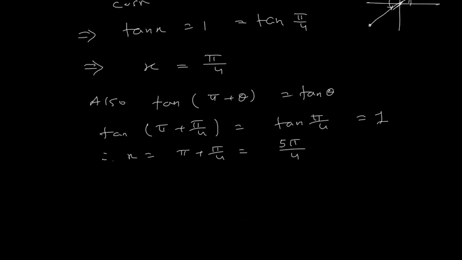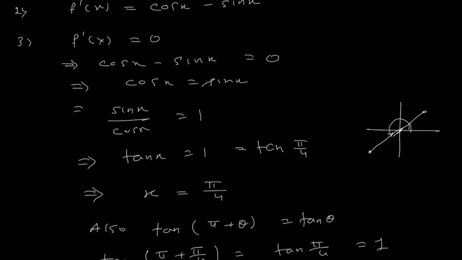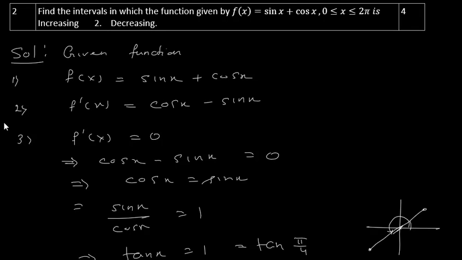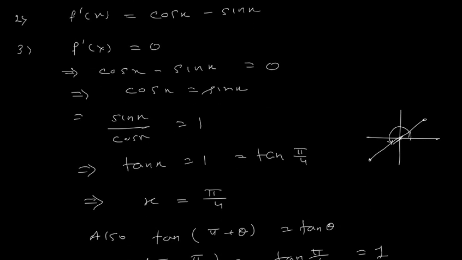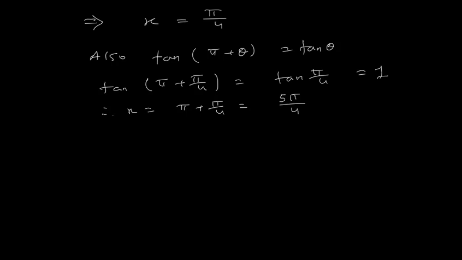So my first step was to write the given function, second was to differentiate it, third was to equate it with 0. My fourth step will be critical values. Here you will find the critical values as pi upon 4 comma 5 pi upon 4.